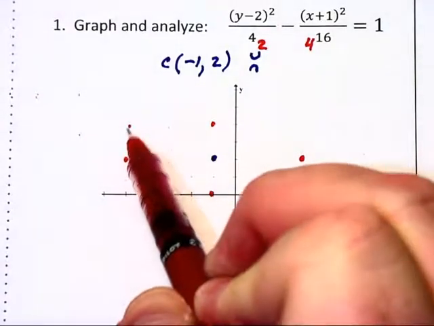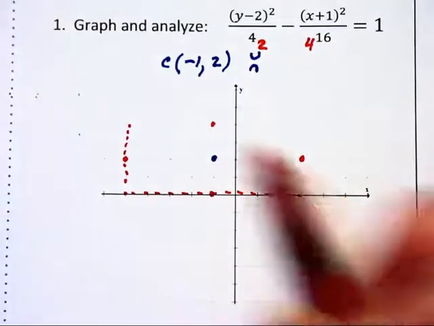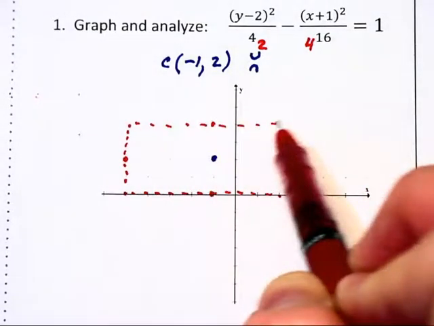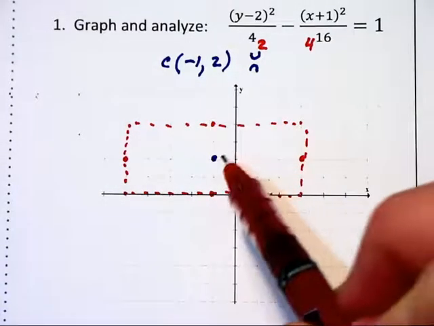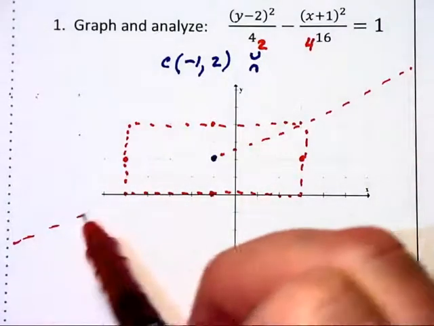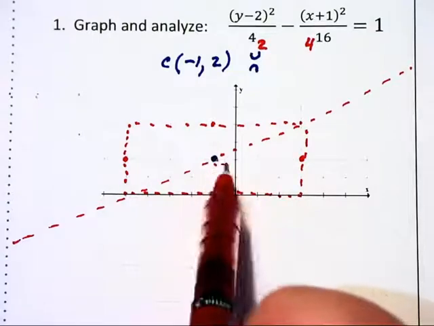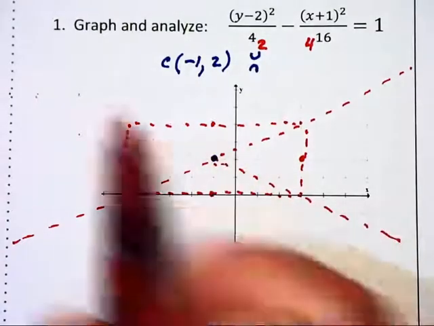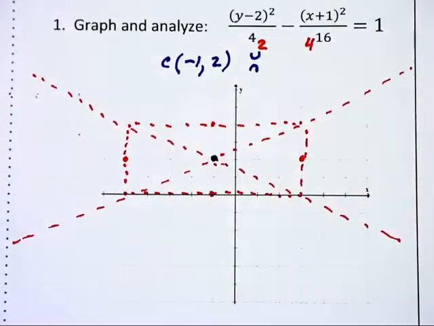So what we do is we draw ourselves a little box which goes through those 4 points that we have drawn previously, and then we draw in the diagonals of the box, and these lines will be our asymptotes, which we will use as guidelines for the hyperbola we're about to draw.